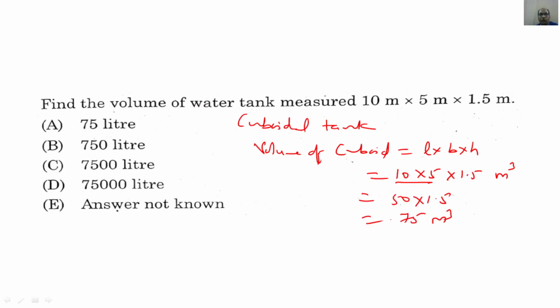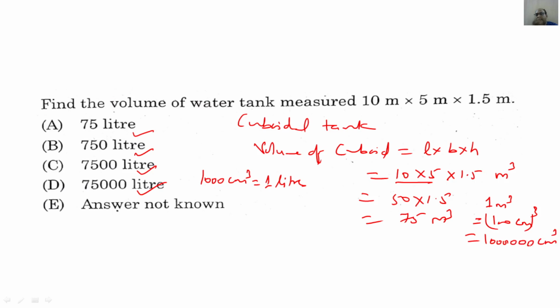Fine. Now we see that the answer is in liter. So we must know that 1000 centimeter cube is equal to 1 liter. Now 1 meter cube is equal to 100 centimeter cube, and it will become 10 lakh centimeter cube.